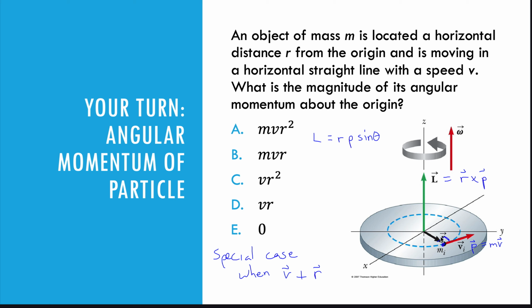Theta is the angle between r and p, which is 90. Sine of 90 is 1. So looking at the magnitude here, it's rp, and p is mv. So there we have it. Whenever the velocity is perpendicular to r, the angular momentum is going to be mvr. We're going to use this result pretty regularly to find the magnitude of the angular momentum when v is perpendicular to r.